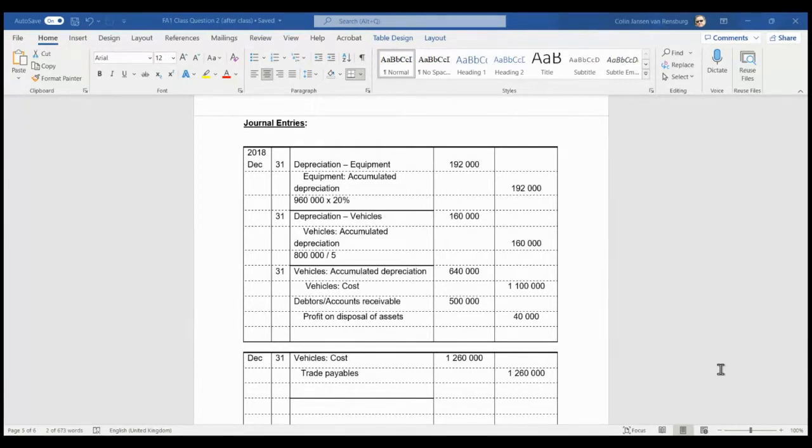It's a negative asset. On the 31st of December, we've credited that vehicles accumulated depreciation account with a further 160,000. So now what is the balance there, Shamila? 640 plus 160,000? Was it 640?